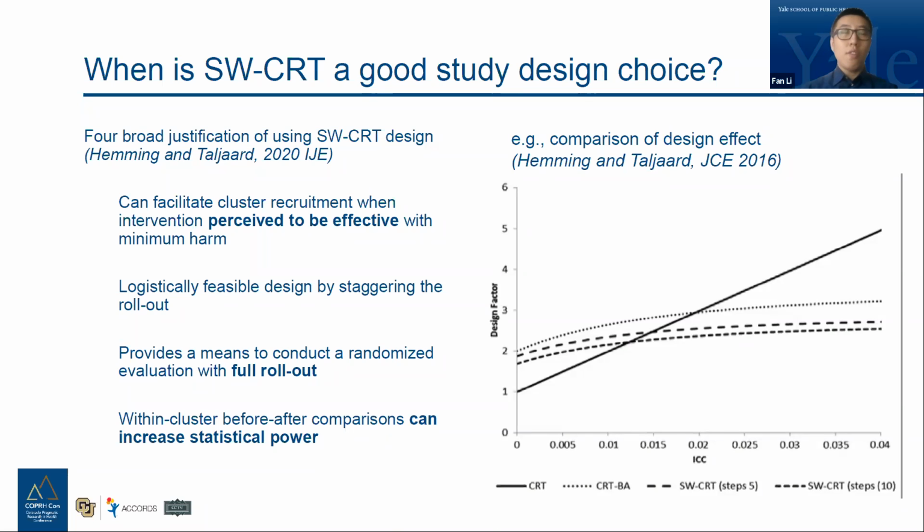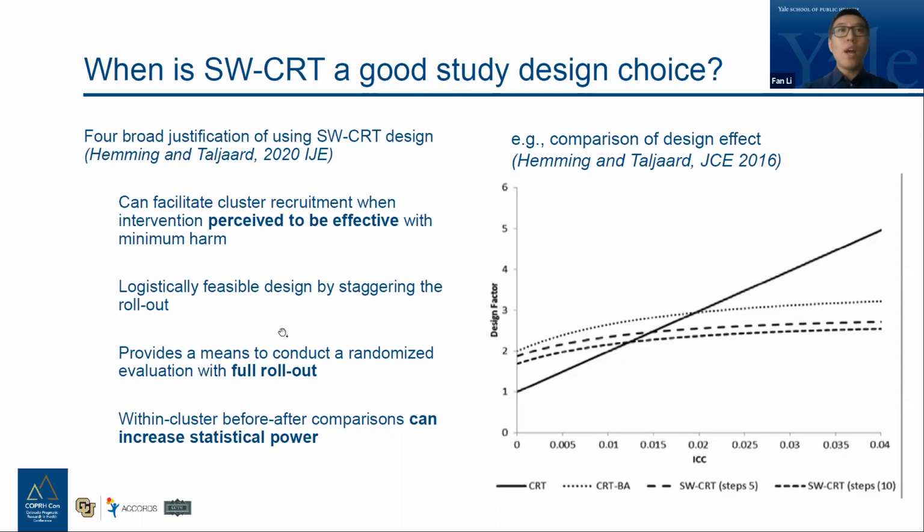In practice, often cluster stakeholders may be more willing to participate if they know that the cluster will have a chance to be exposed under an intervention that may be effective during the study. Second, it may be logistically more feasible to stagger the rollout in the design instead of randomizing half of the clusters to intervention simultaneously in the baseline period.